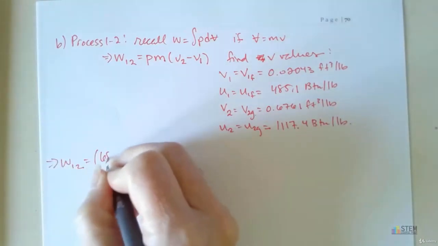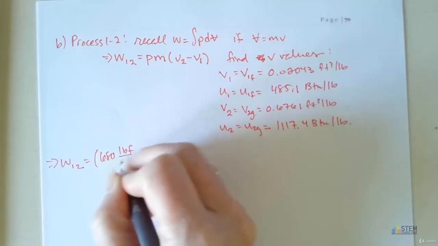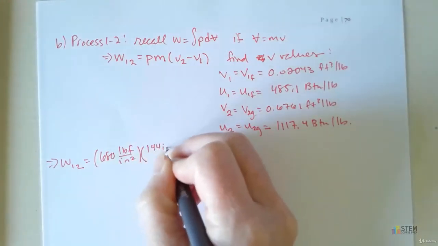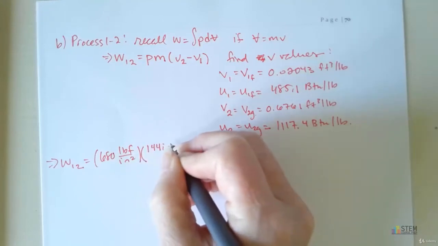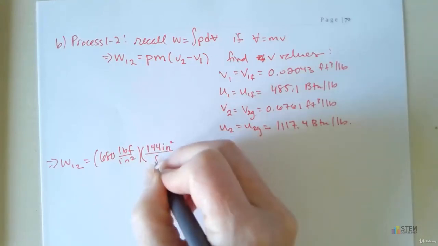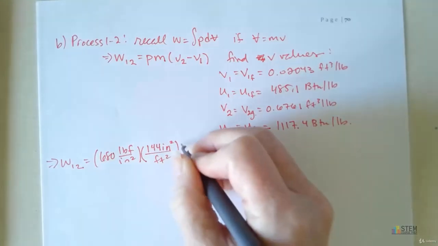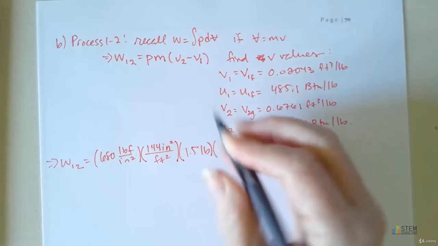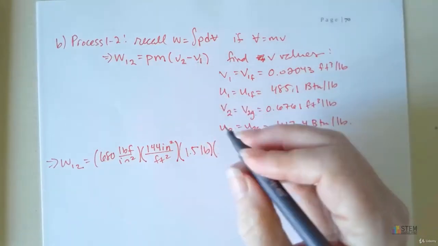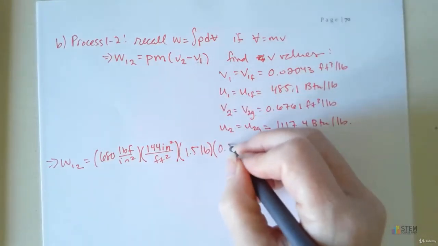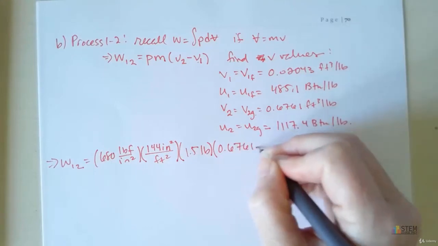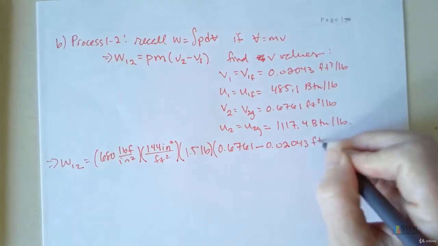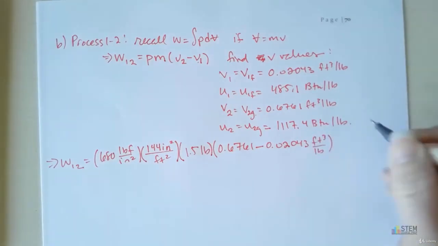We're going to have 680 psi times, let's convert over to feet squared, so we have 144 inches squared per foot squared, times the mass, which is 1.5 pounds, and then multiply by this difference in specific volume. That's 0.6761 minus 0.02043. Those are both cubic feet per pound.